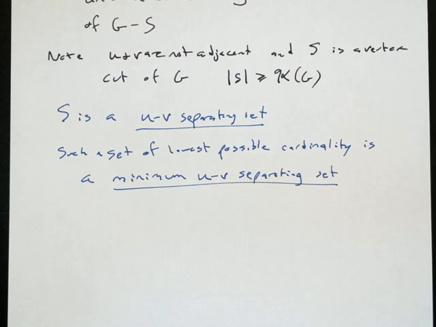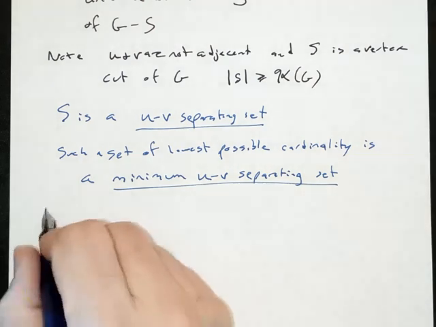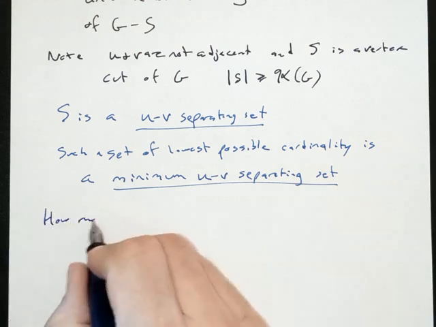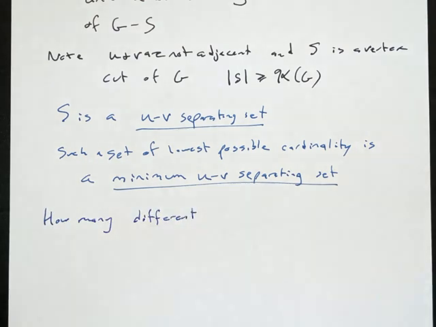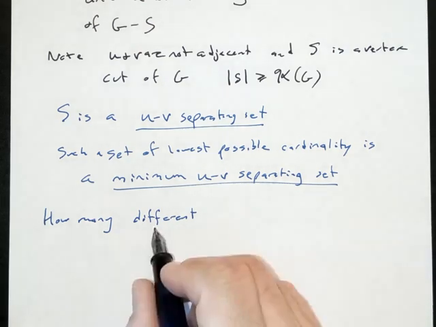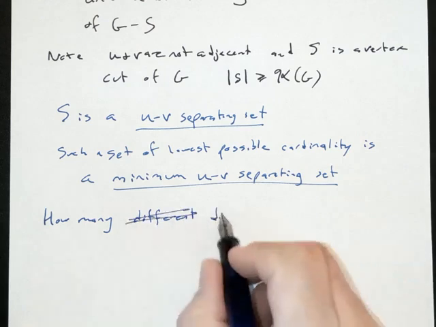How do I figure out how many such sets exist in a given graph for any particular pair of non-adjacent vertices? Oh, no, not how many different sets, how many different vertices.